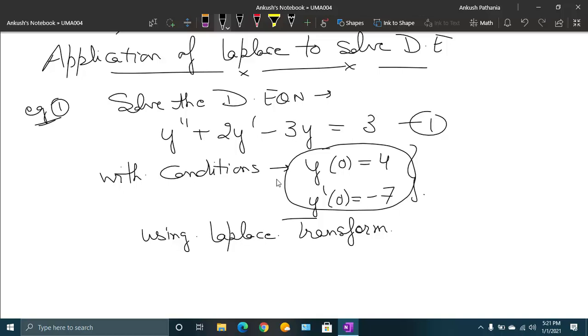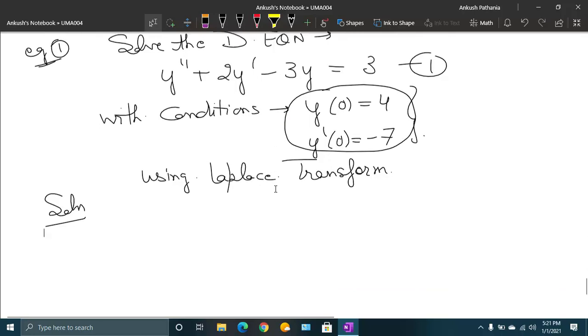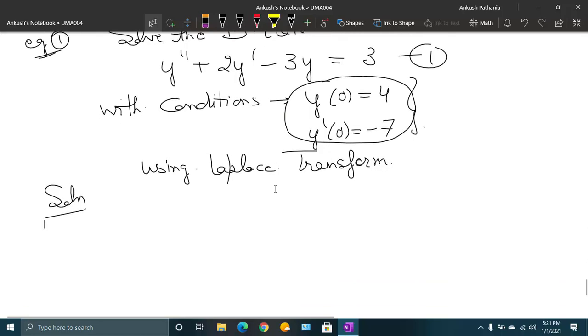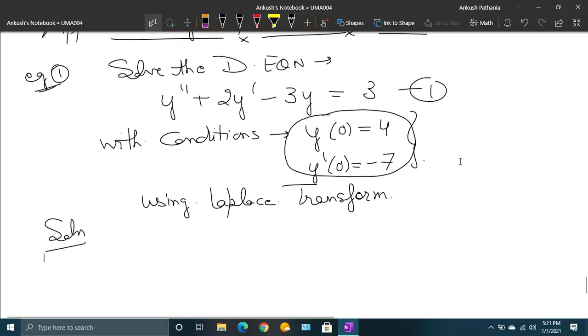Now to solve this type of differential equation, remember that when we solved the differential equation in unit 1, first we found the general solution of the homogeneous differential equation, and then we found the particular solution of the non-homogeneous differential equation.